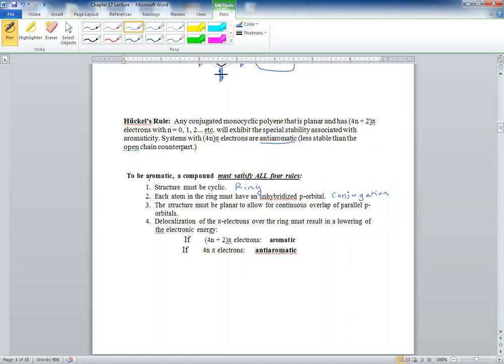So if you satisfy 1 through 3 and then 4, which is Huckel's rule, then that is considered aromatic. However, if you satisfy 1 through 3, but 4 is not satisfied because you have 4n pi electrons, then that's considered anti-aromatic. So this is really, really crucial. They all seem like a lot right now, but when you start doing them, they are very straightforward.